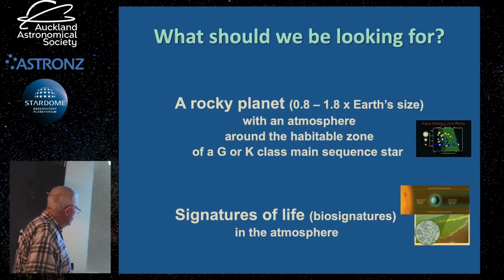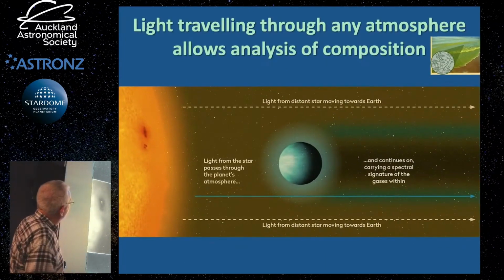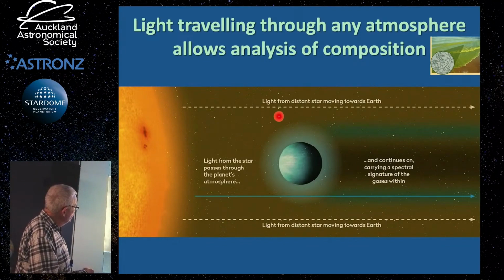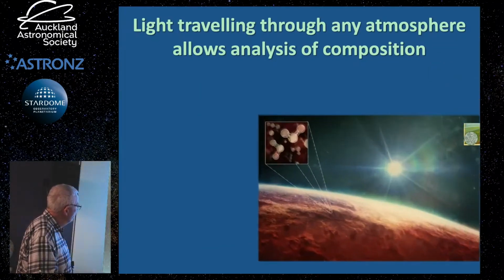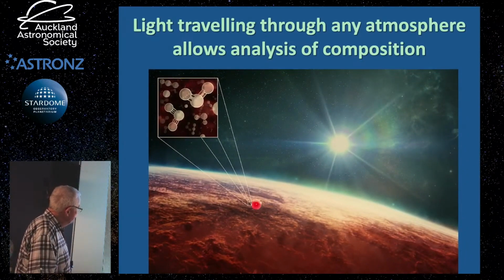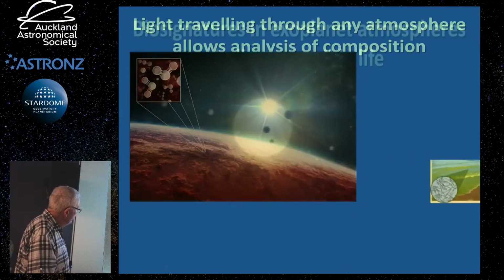And as for these biosignatures, that's formed by the light from the host star travelling towards us here, and some of it skims through the atmosphere, assuming it's got an atmosphere, and the James Webb is able to detect that. Not only detect it's got an atmosphere, but it's able to analyse with its spectroscopy what sort of molecules are in the atmosphere from the light that's filtering through the atmosphere of an exoplanet.